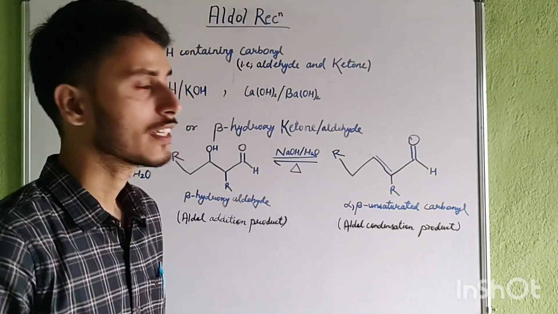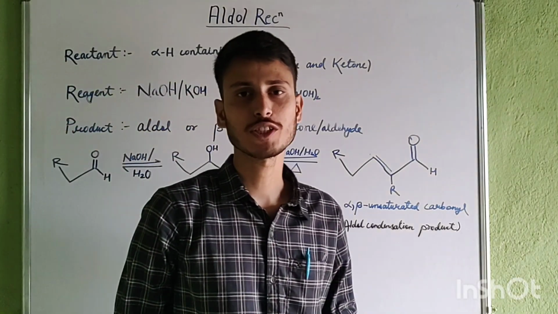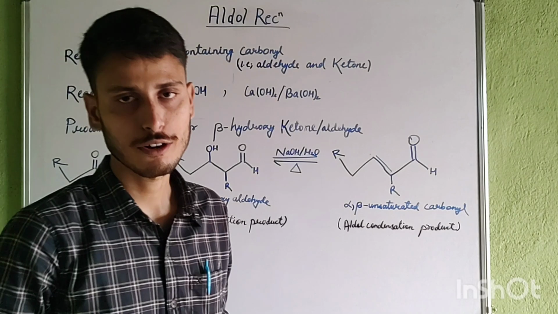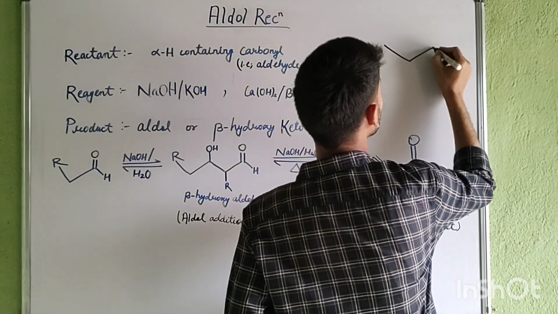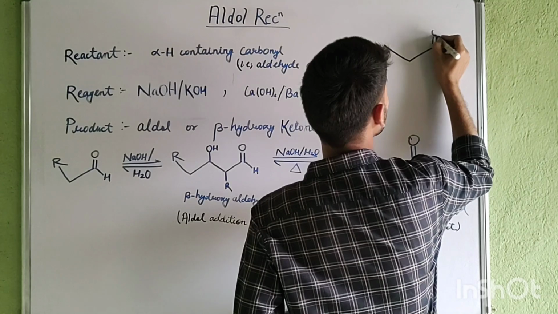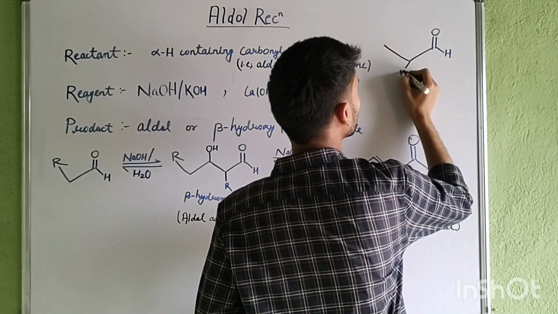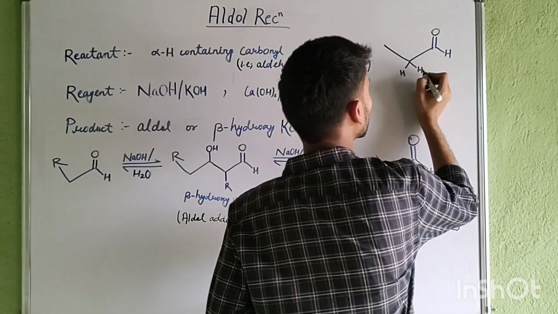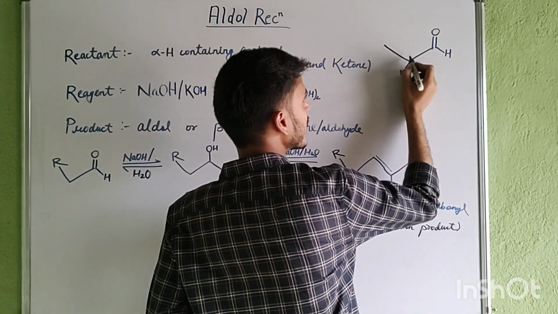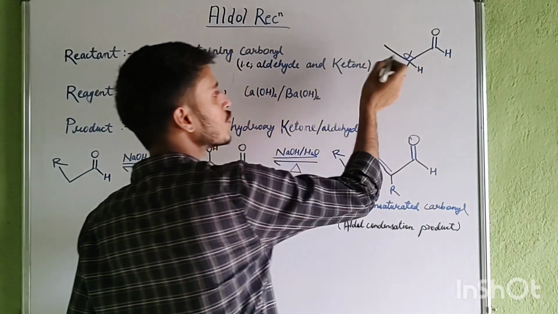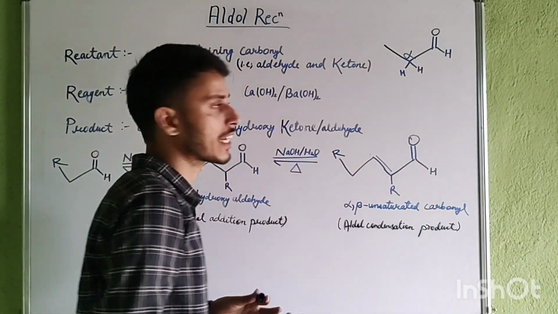So our reactant is any aldehyde or ketone that must be having alpha hydrogen. Let's see. This is having hydrogen present at this alpha carbon, which also we can see is sp3 hybridized, so we can take this as a reactant.